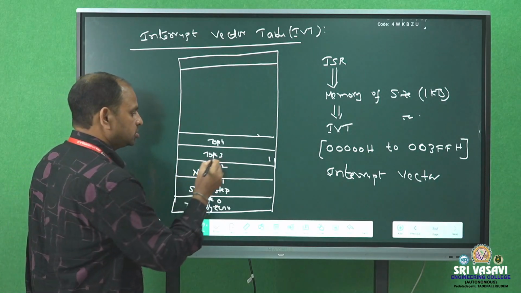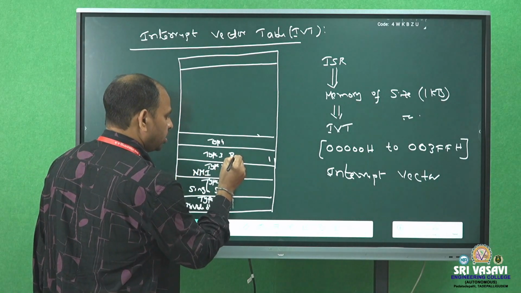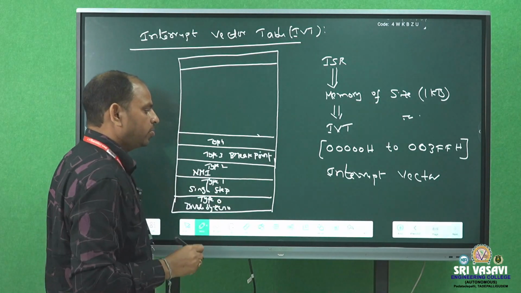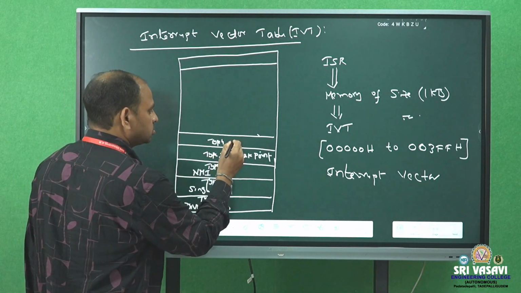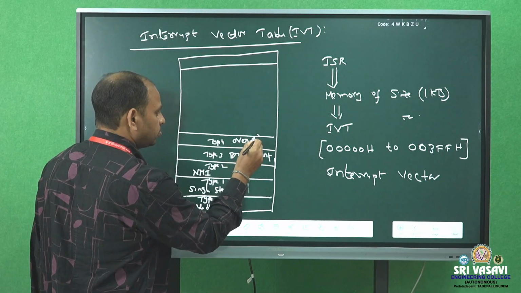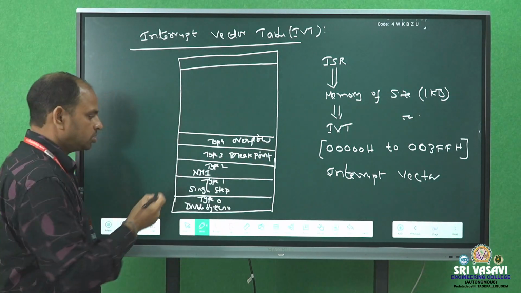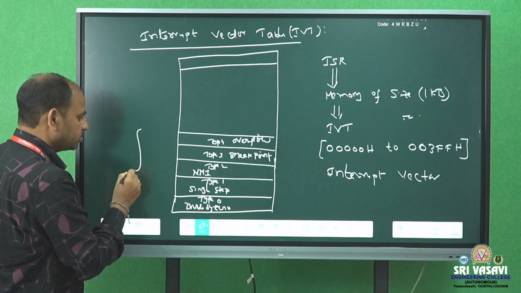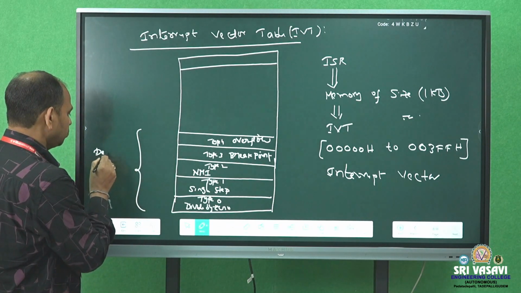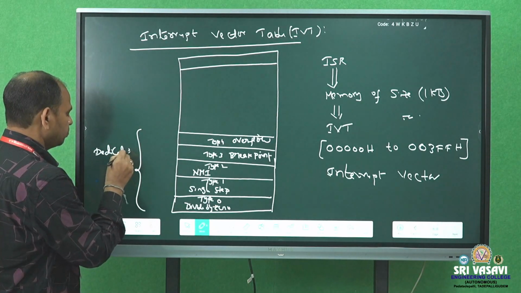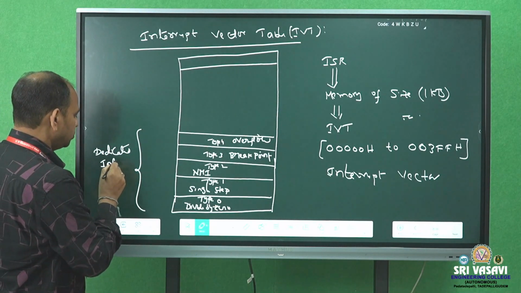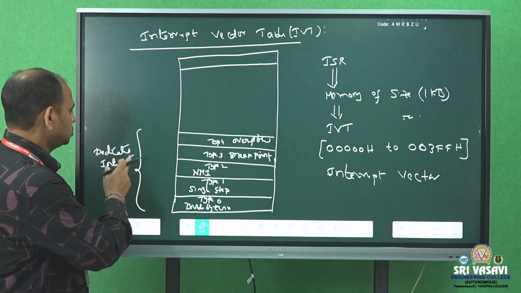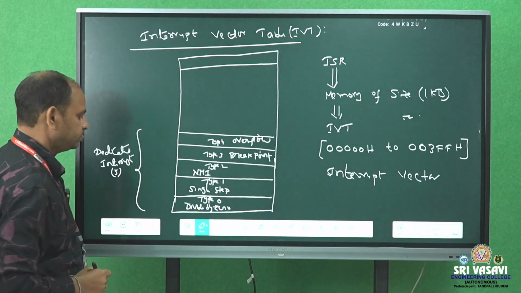And type 3 belongs to breakpoint interrupt. Next, type 4 belongs to overflow interrupt. Because these are already defined, they are called dedicated interrupts. Okay, so totally we have 5.